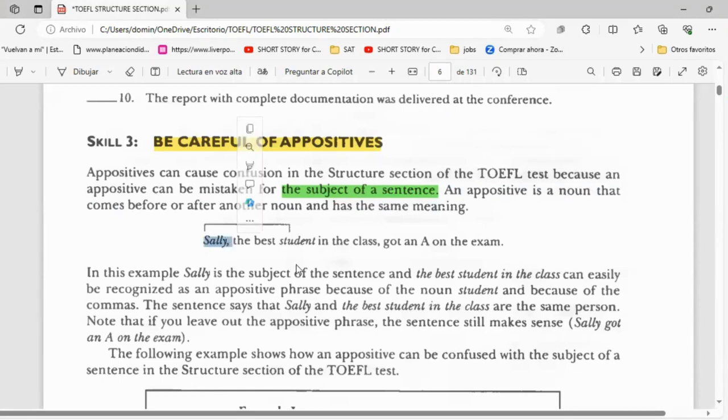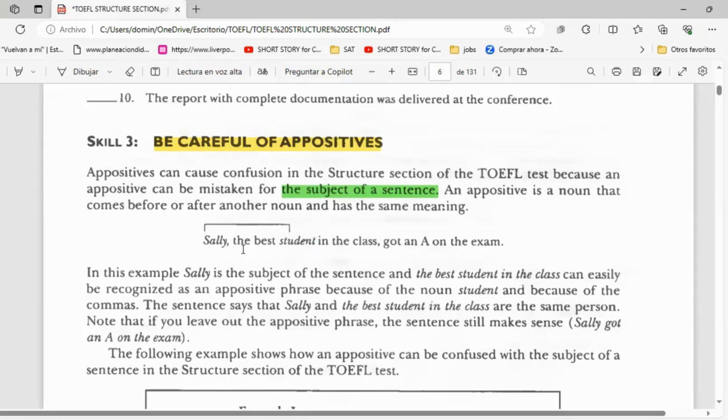Sally, the best student in the class, got an A on the exam. As you can see here, we have Sally, and we have a student here. Probably this causes confusion because Sally is a subject and student is a subject as well.